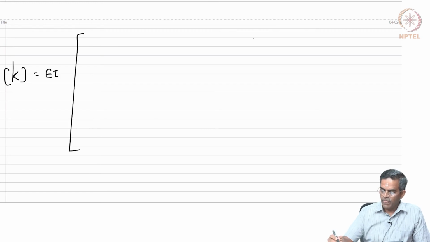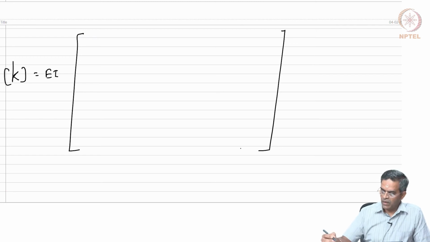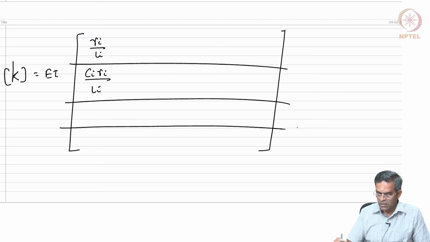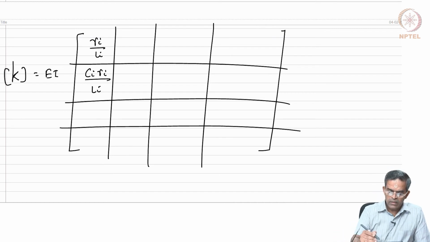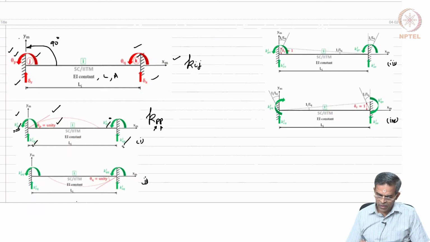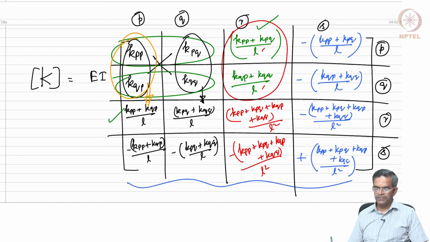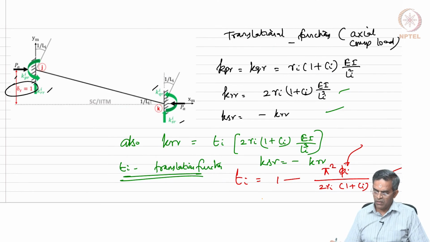EI times of, okay, Ri by Li, Ci Ri by Li. Then I am using the same logic. See here how we wrote this. Sum of these two by L was this, and this is negative of this, is it not? That is what we did. I am using the same algorithm here.